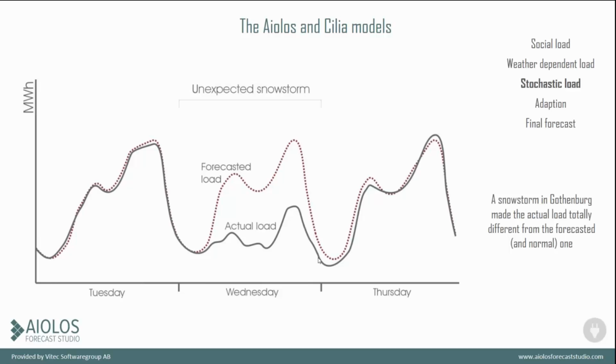And when this happens, it's good to know that this was because of something out of the ordinary, because this is not representative for these day types or this weather otherwise.